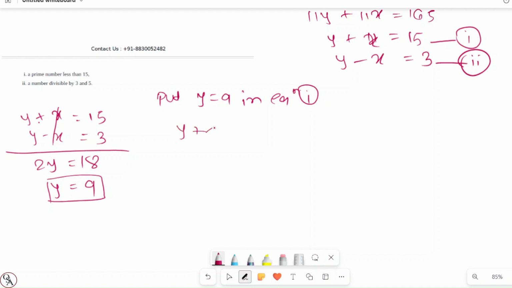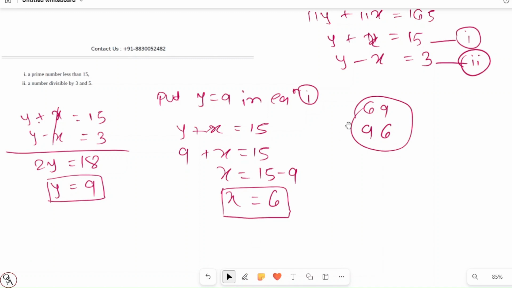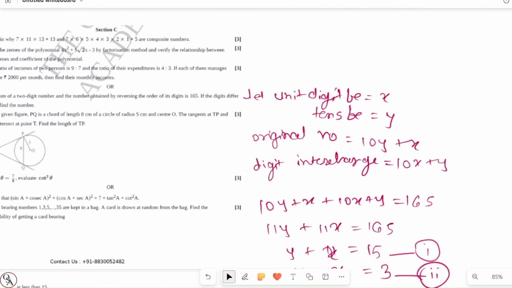So y plus x is equal to 15, so 9 plus x is equal to 15. My x will become 15 minus 9, so x is nothing but 6. So my number would be either 69 or 96 when it's interchanged, when its digits change position.